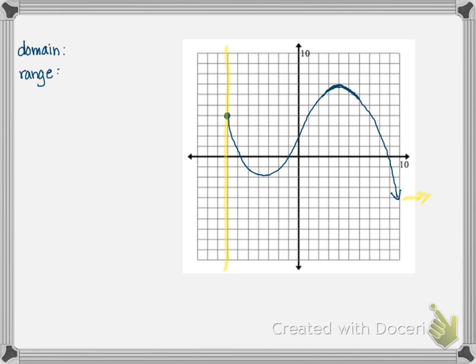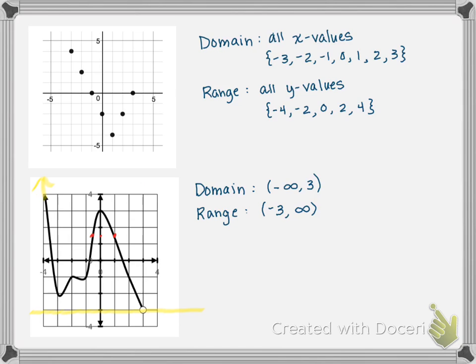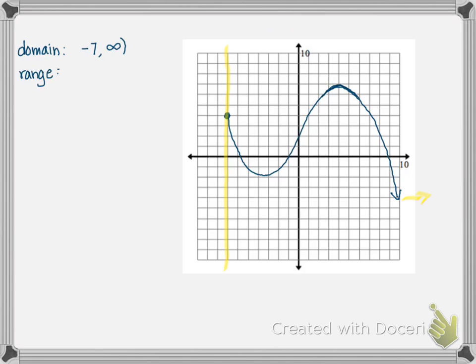So I go from -7 to infinity. Now in this case, in the last example, that point on the right was open, right? It wasn't filled in, and that's why we use soft brackets. So here, the point is filled in, so that point is actually part of our function. So we'll use a hard bracket at -7 to show that that point is included.